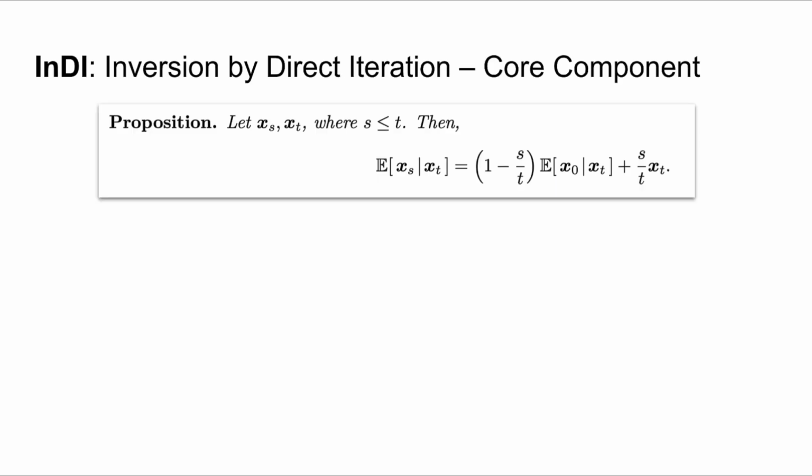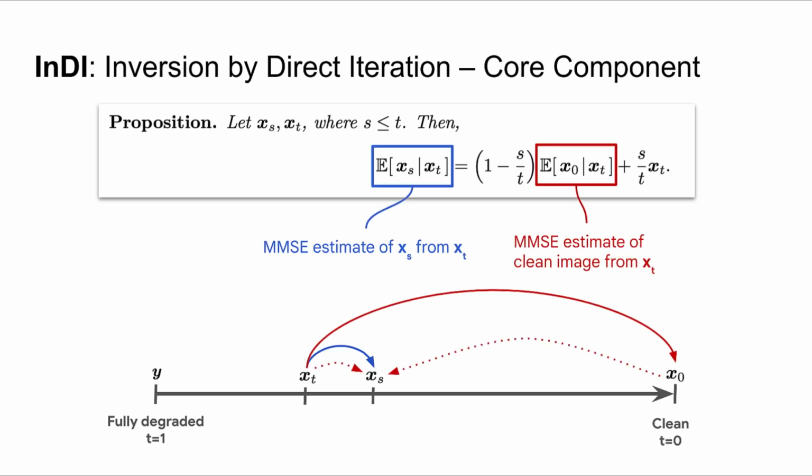To do this multi-step restoration, we need an iterative procedure. This is given by the following proposition, which is a straightforward consequence of our linear convex model. This proposition relates the MMSE estimate of xs, that is, the clean image having degradation at time s, starting from xt, the image with degradation t, where s is smaller than t.